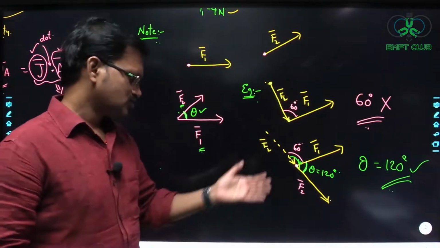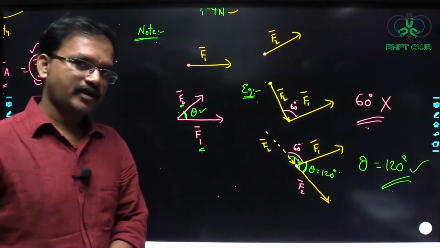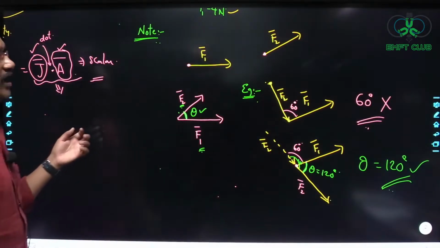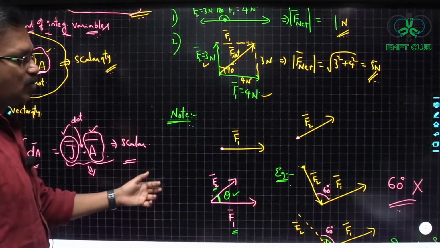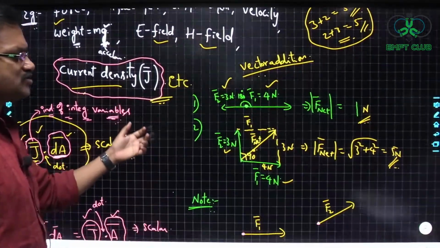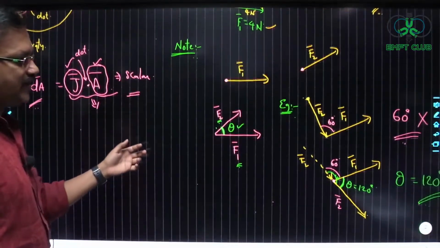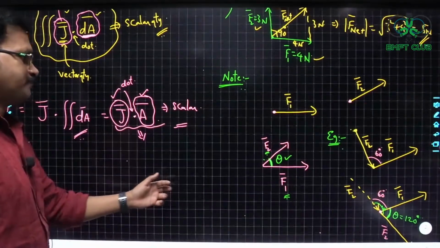These are just basics here, I hope you have understood this clearly. Here I have briefly explained the vector quantities: vector addition depends upon the angle between the two vectors, and I have explained how to measure that angle. Okay, fine.